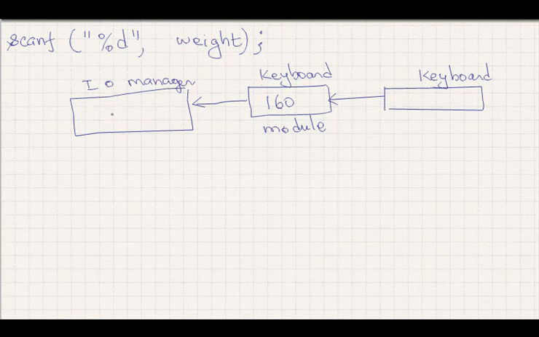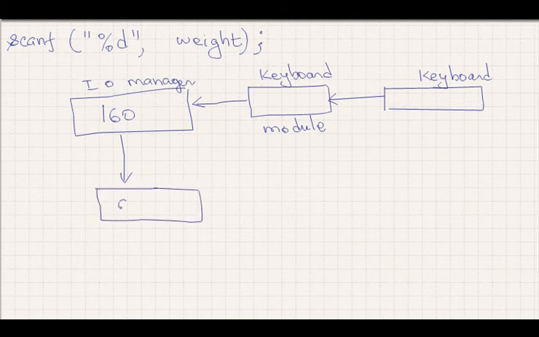So he gets 160 from the keyboard module, and now he is going to send the data to the CPU. Let's pretend this is the CPU. So CPU got the data 160 now, right?